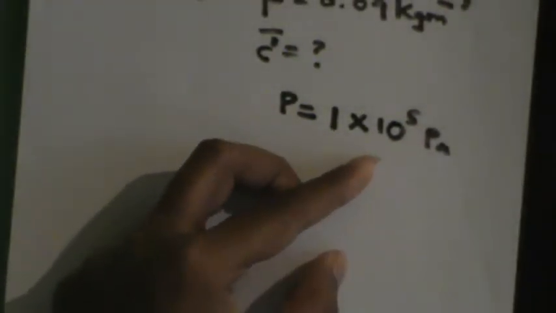You can take it even in mercury, 760 mmHg, but it's easy to solve this, so I'll take 1 into 10 to the power 5 pascals.